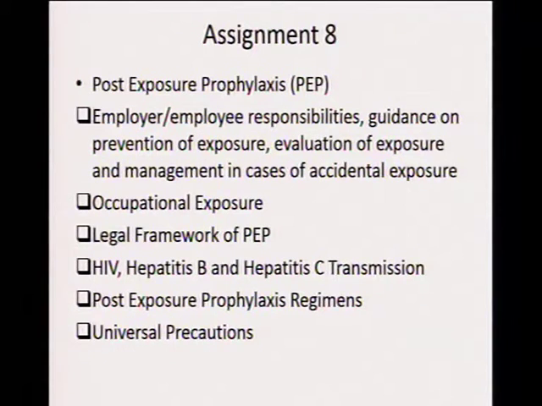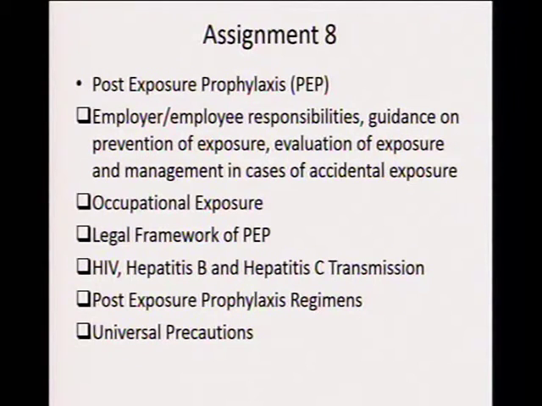The World Health Organization also recommends that employers look at their PEP or prophylaxis policies, especially for employees in a higher risk environment where they can be exposed.